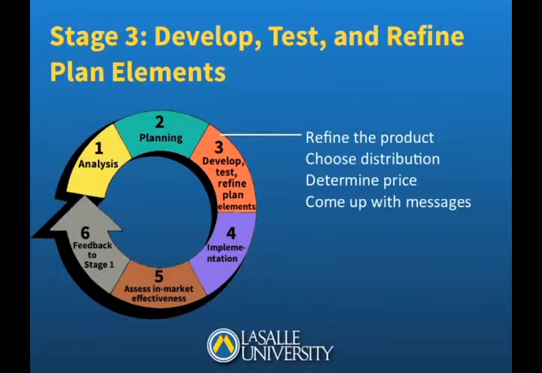We're going to come up with our actual messages that we're going to use within our content, whether it's something like a website, a Facebook post, a Twitter account, advertising. We're going to come up with our general message that we would put in all of those. And then we're going to test our product.